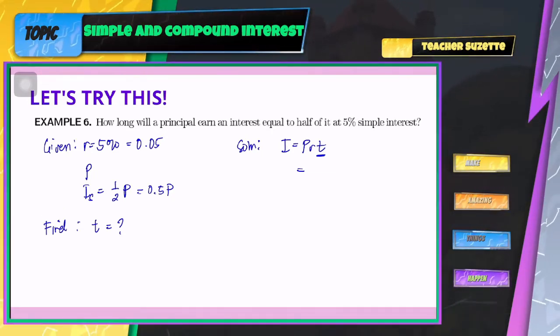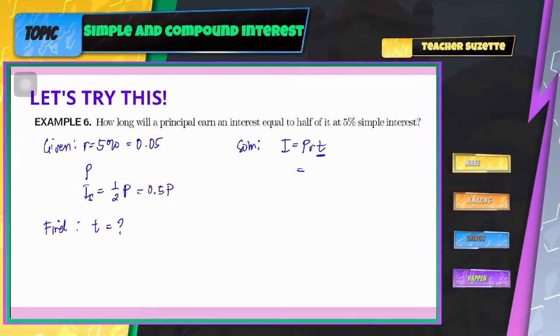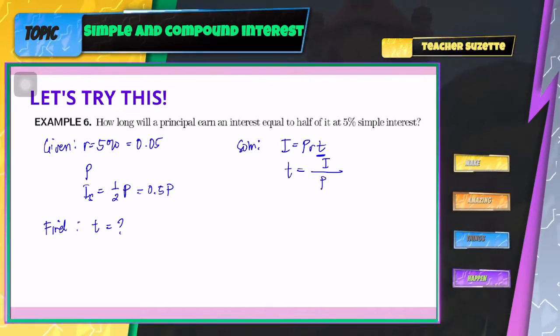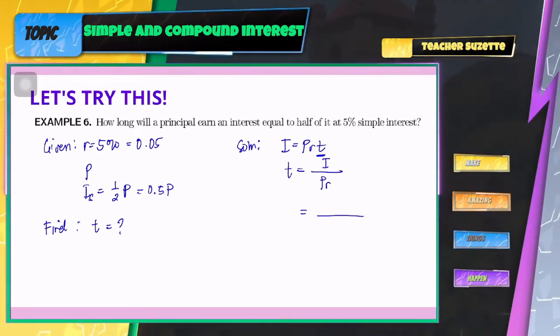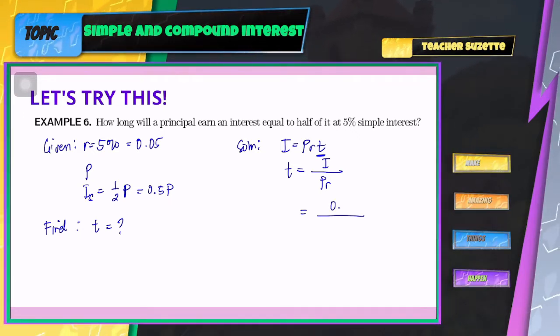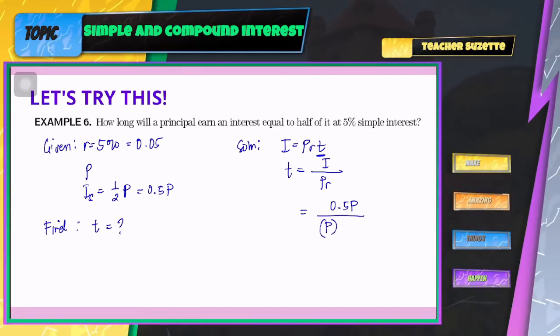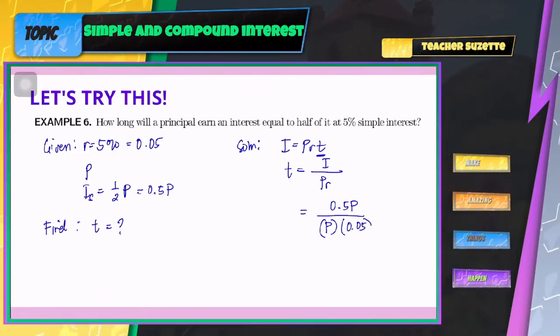So, that is by dividing both sides by p times r. So, you will have time is equal to interest over principal times rate. And our interest is, sabi dito, 0.5p. Ang principal natin is p, wherein ang ating rate is 0.05.